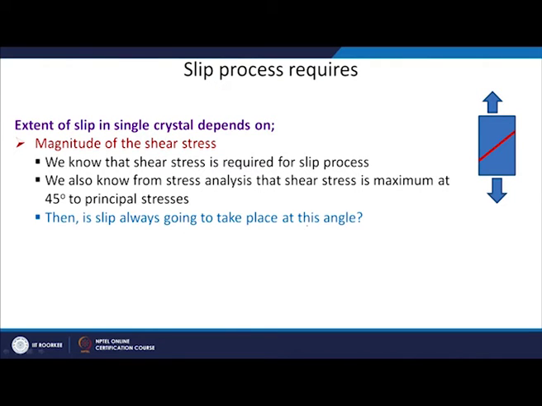So, this is the question which we should ask ourselves. If I am applying the stress like this, which is sigma 1, the principal stress in this direction, then according to the Tresca criterion, at 45° I should get the maximum shear stress. So, now the question is whether my material is going to slip in this 45° direction or not.